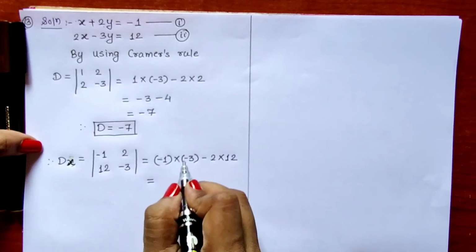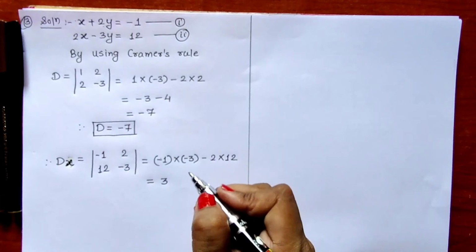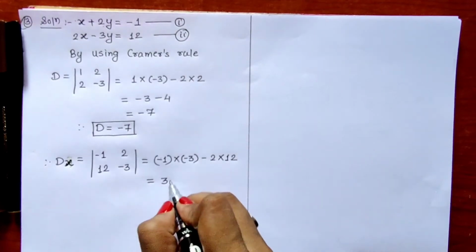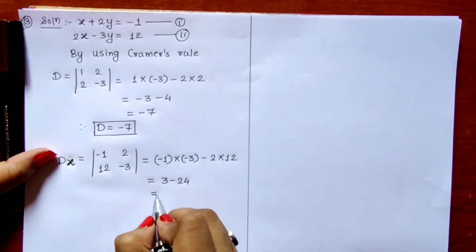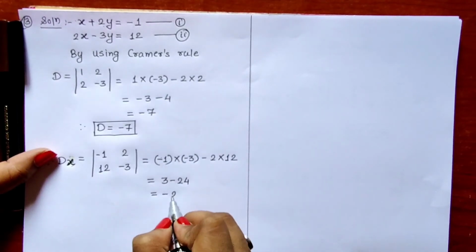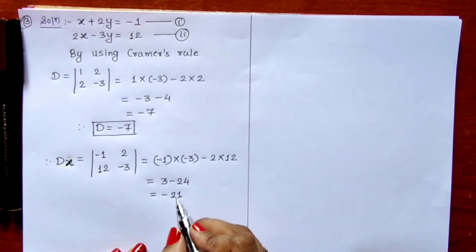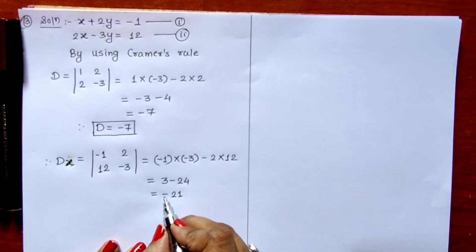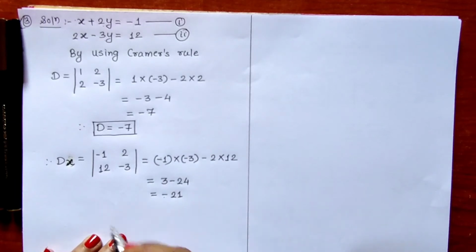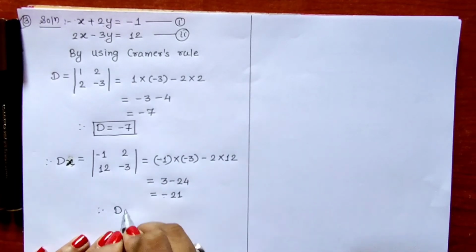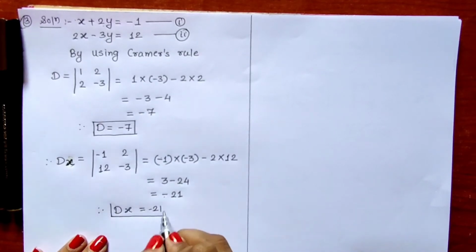So minus minus will become plus. 1 3s are 3. In multiplication minus minus will become plus, we all know. Then 12 2s are 24. 3 minus 24 will be minus 21. Bigger number is having minus sign, so answer will have minus sign. Minus 24 plus 3 is minus 21. And therefore dx is equal to minus 21. So determinant of x we have got.